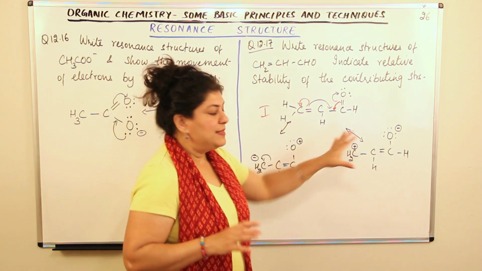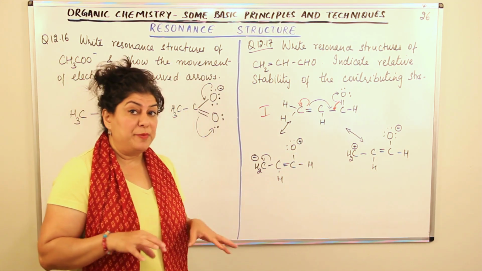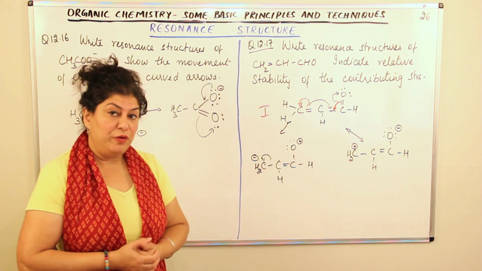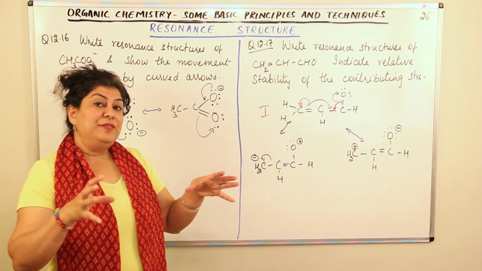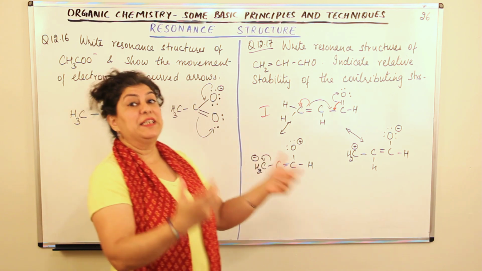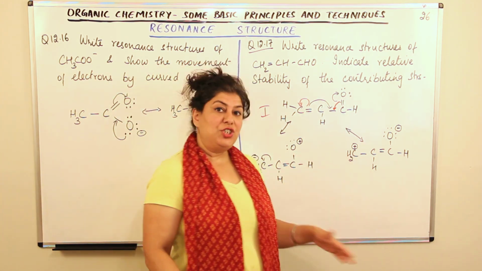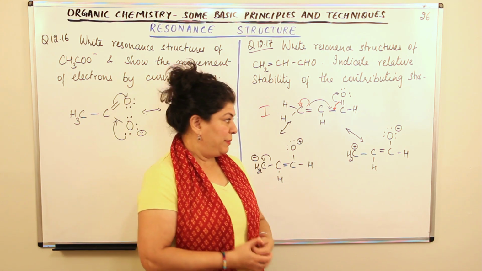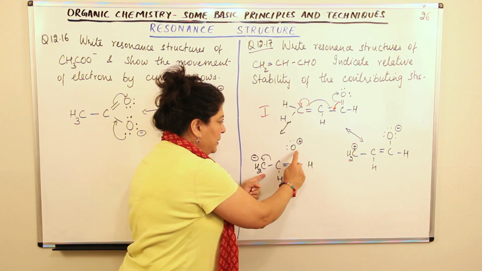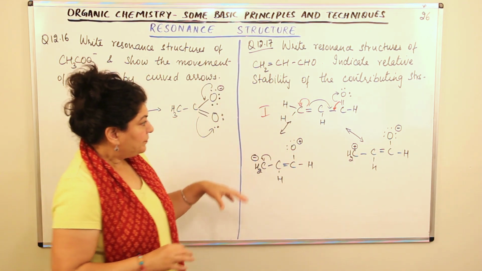Now in both of these the number of covalent bonds is the same, but there is separation of charges. So now out of these two, which is more stable, how will we come to know? The electronegative atom, by its nature, should have the negative charge. So if the electronegative atom has the negative charge, then that structure would be more stable. So what are the charges between? Charges are between carbon and oxygen in both these structures.